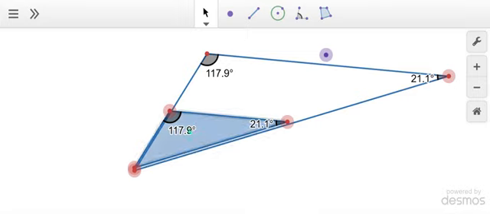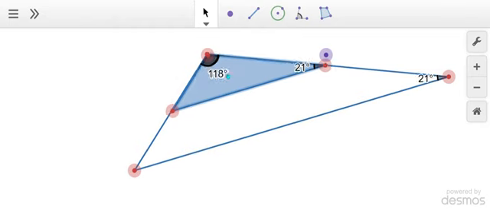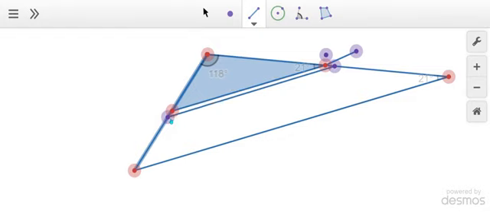Okay. So I've got this. Okay, this is a weird one. I'm just going to estimate it here. Okay, so there's one triangle.